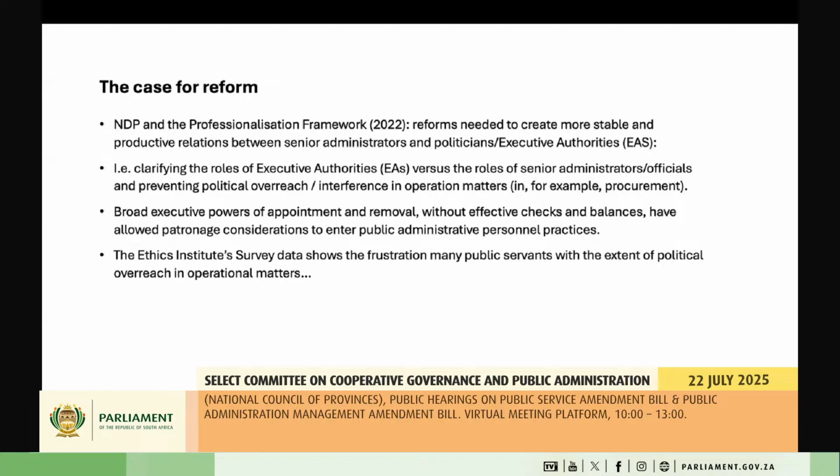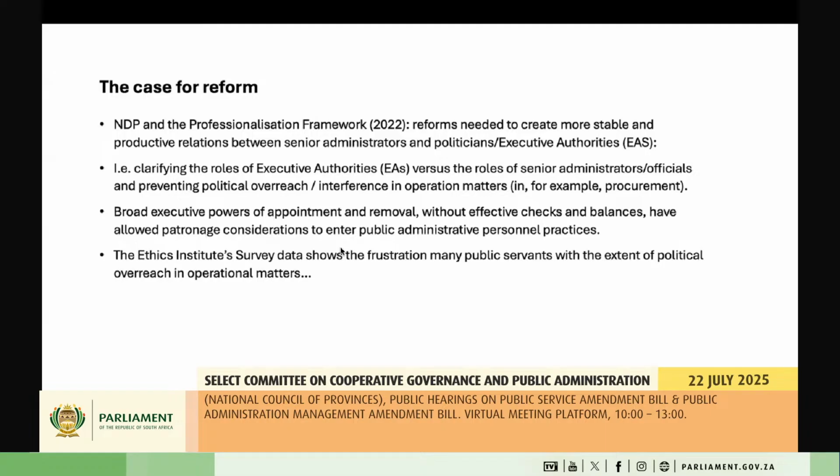I'm going to start with a bit of background as to why we think the bill is so important in this regard. Essentially, both the NDP and the professionalisation framework have brought attention to the fact that we need reforms to create more stable and productive relations between senior officials on the one hand and politicians and executives on the other. There needs to be, first of all, greater clarity with regards to those roles, and then mechanisms to prevent inappropriate political overreach into administrative issues, operational matters.